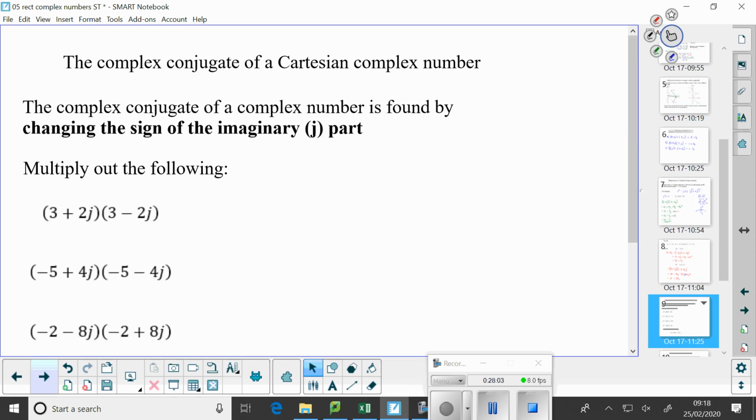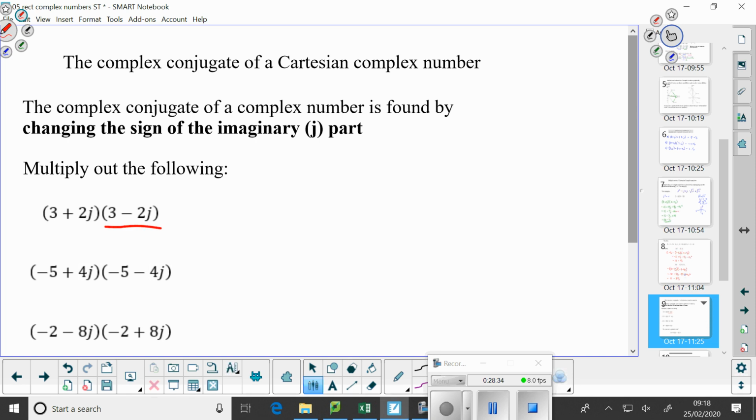So, moving on then. If we're going to do division, we need to know about what's called the complex conjugate of a Cartesian complex number. The complex conjugate of a rectangular complex number is found by changing the sign of the imaginary j part. So, the complex conjugate of 3 plus 2j is 3 minus 2j.